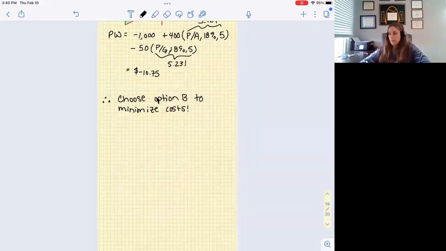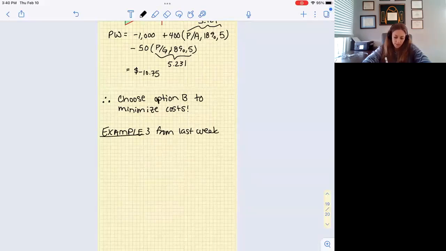So let's try another example. Go back to your notes from last week and look at example 3. And last time, because we were just drawing the cash flow diagrams, I didn't give you the interest rate. This time I will. I is 7%.